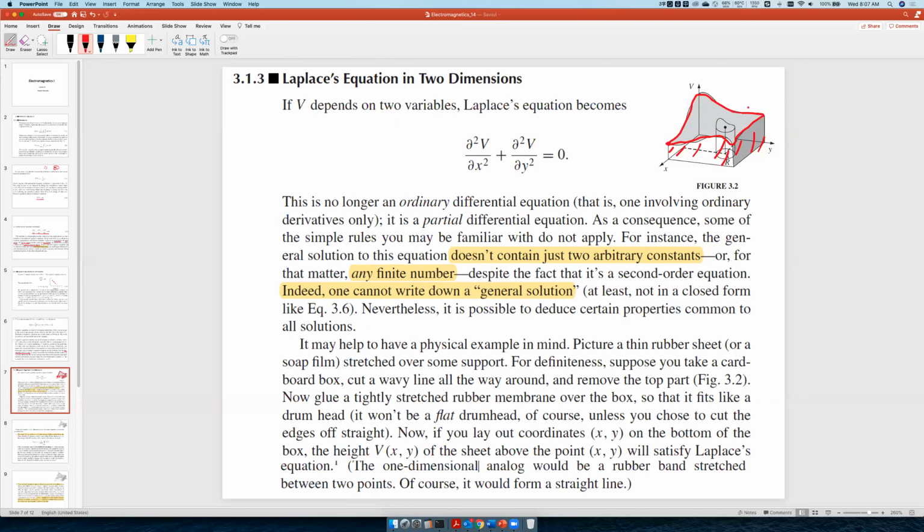Okay, now this is a two-dimensional demonstration of the Laplace equation and the height of this rubber sheet on, let's say, the wavy edge of a cardboard box. It should satisfy the Laplace equation.